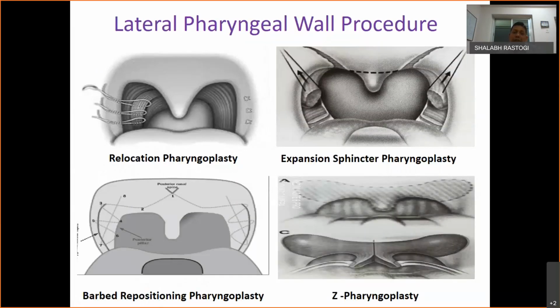Now, if the lateral pharyngeal wall is the culprit for obstruction, then the various procedures available are the relocation pharyngoplasty, in which after tonsillectomy, the posterior palatoglossus muscle is sewn to the anterior pillar.